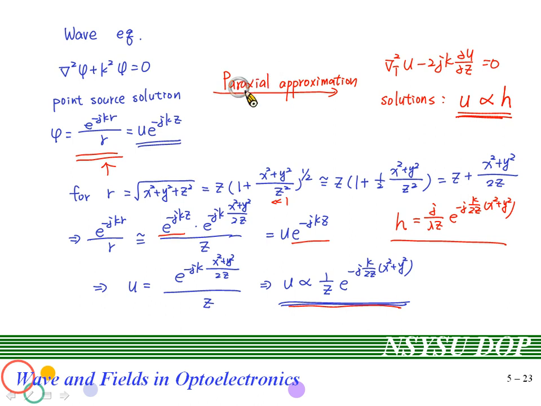Under the paraxial approximation, the wave equation can be approximated as this one, and the corresponding solution should be u, which is in proportion to the h function, and h is the impulse response of the diffraction system. We will then discuss in detail the form of the h function in Chapter 6.